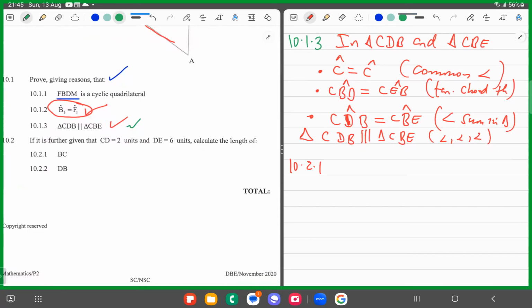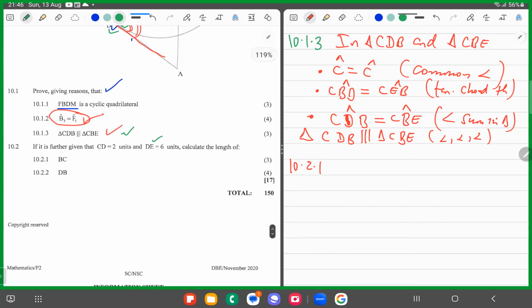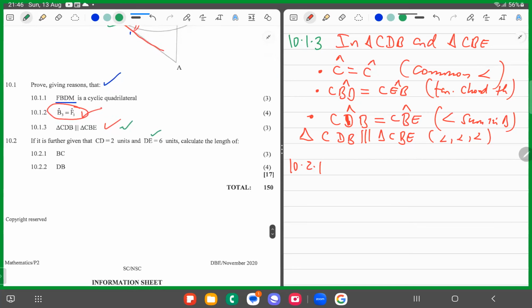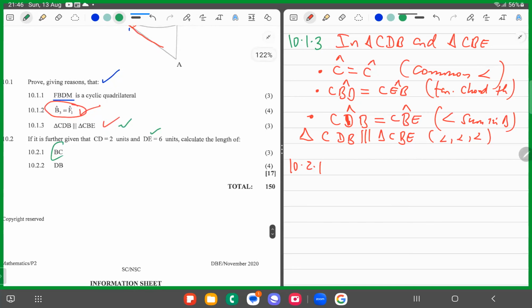If it is further given that CD is 2 units, and DE is 6 units, calculate the length of BC.